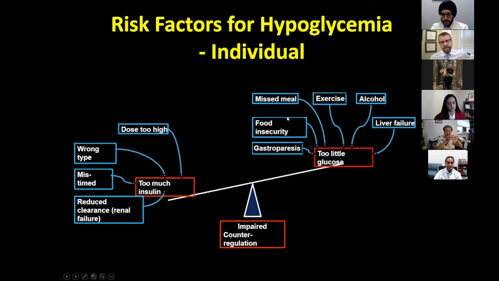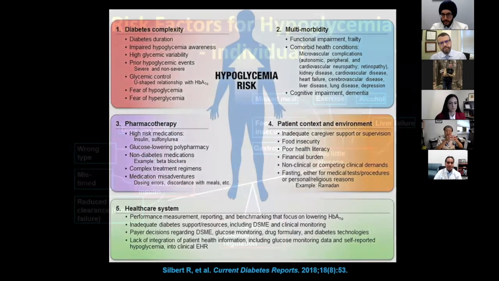So particularly for the patient who has poor nutritional status, missed meals, physical activity, other factors that could be driving too little glucose versus being on an excess dose of insulin. A real common one is mistiming the dose of insulin. And then, for a more elderly patient, that impaired counter-regulation, if they've maybe been fasting or eating less for a day or two, potentially you've got someone who is immediately going to be at high risk. And just making some adjustments for that is key.